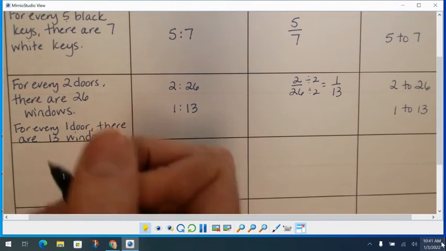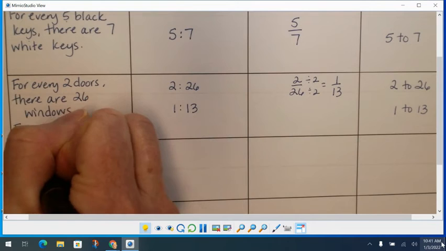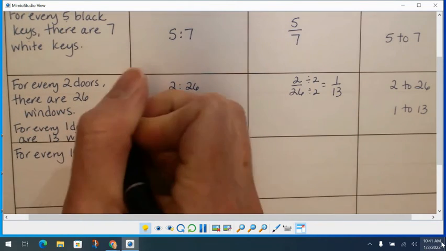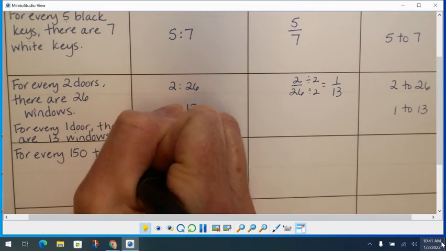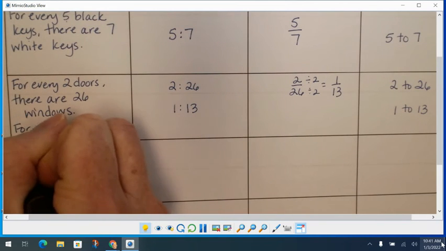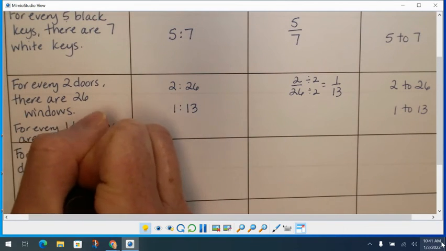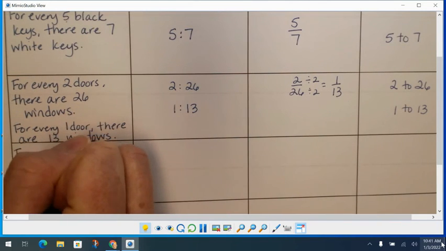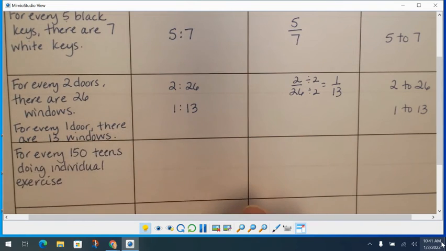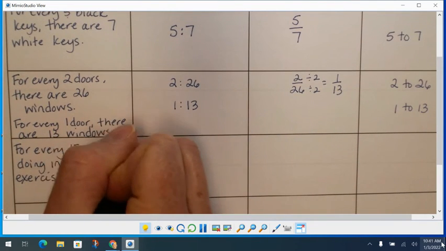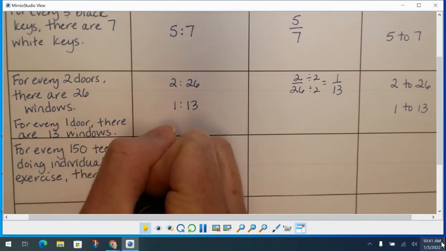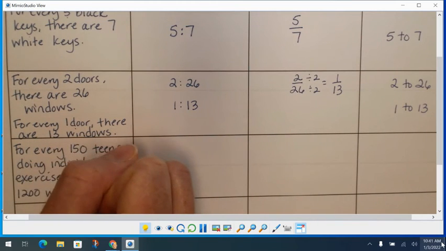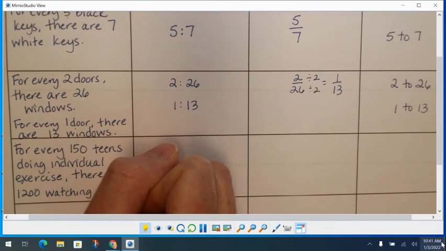So in words, for every 150 teens doing individual exercise, there are 1200 watching videos.